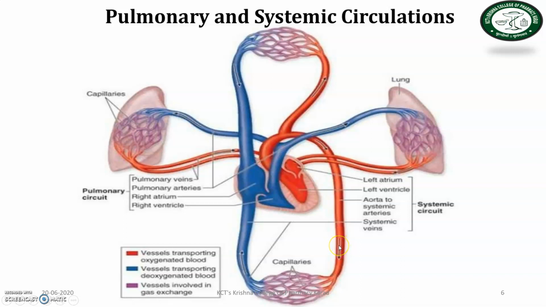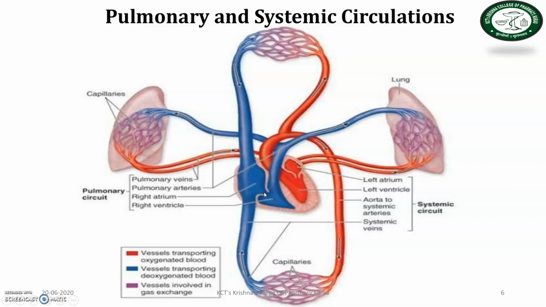So very simple, what is the exact definition of pulmonary and systemic circulation? If we discuss first the pulmonary circulation, then this definition is very simple. The pathway of deoxygenated blood in which blood is carried from the right side of the heart to the lungs is known as pulmonary circulation.